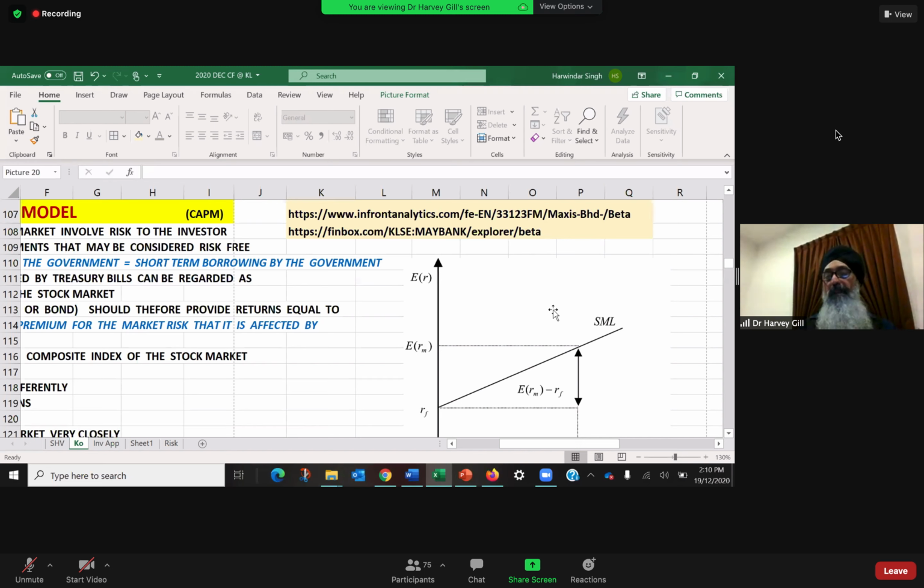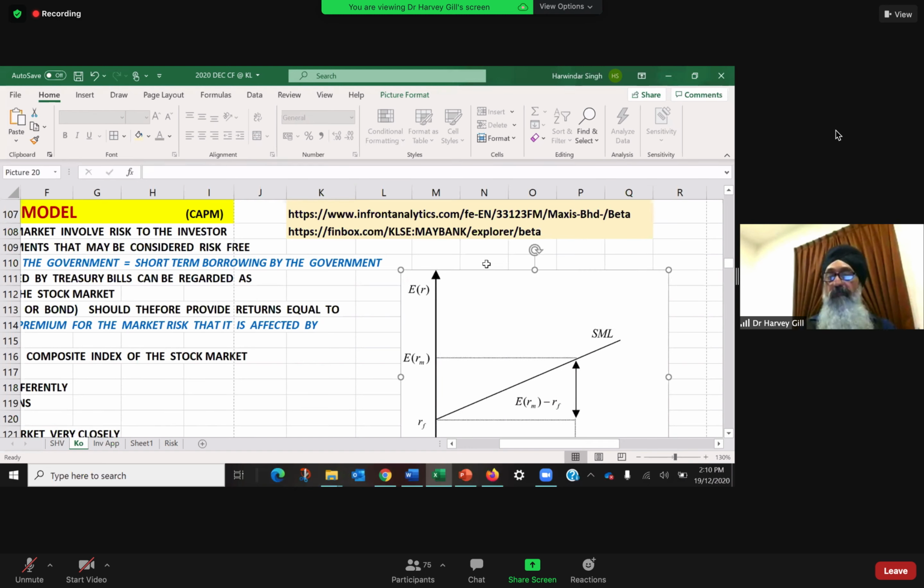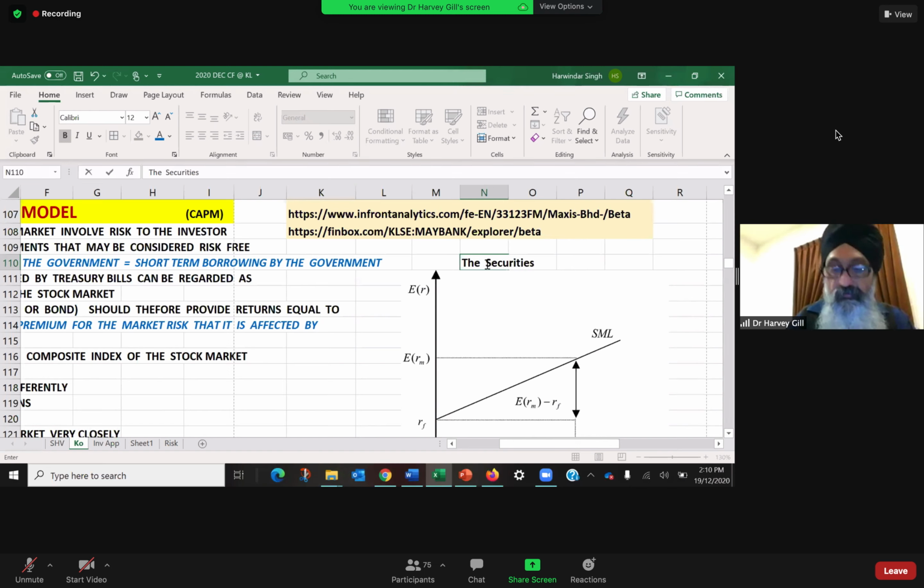Now, this SML here stands for the securities market line. Yeah. So what does the securities market line do? The securities market line equates required returns to market risk as measured by beta value.